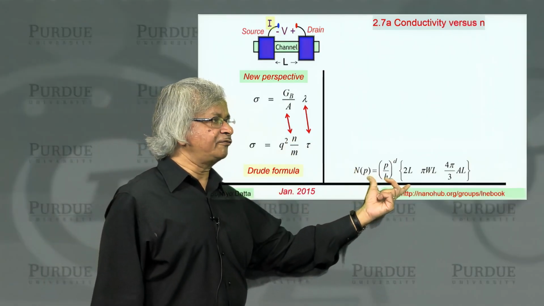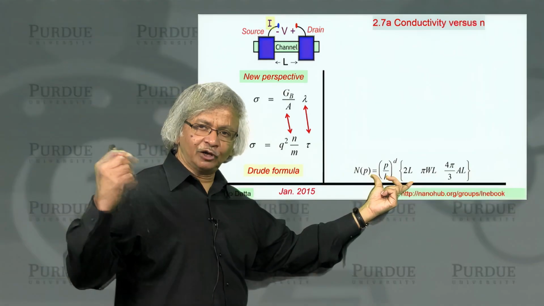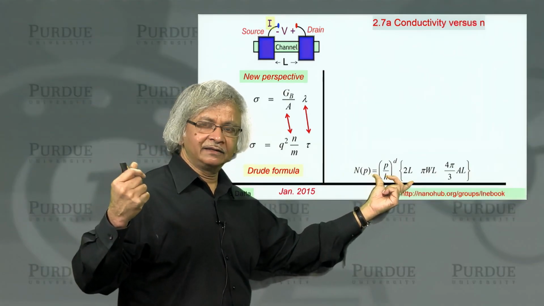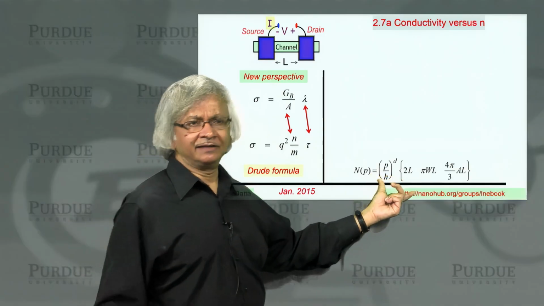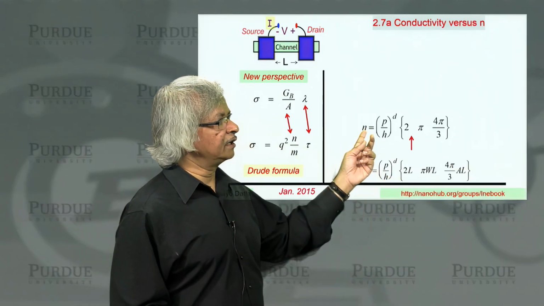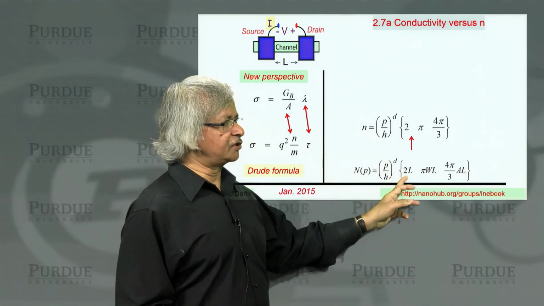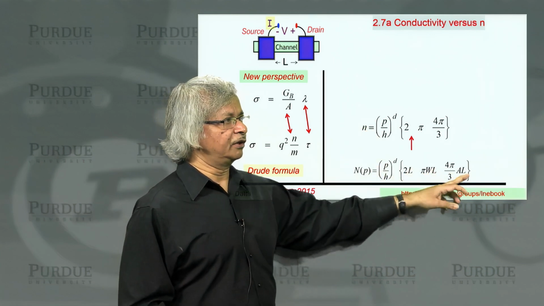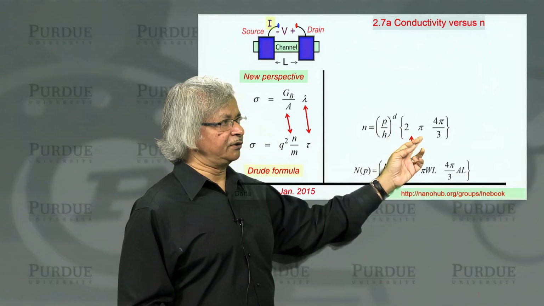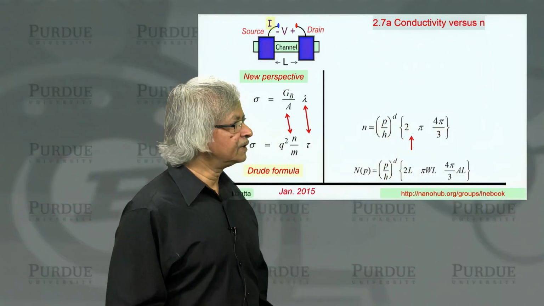We had this N of P that we had from a few lectures back, this rule for counting states, lecture 3, I believe. And we said if you want electron density per unit volume, then you just drop the L or the WL or the AL. So this would be electron density per unit length or per unit area or per unit volume.